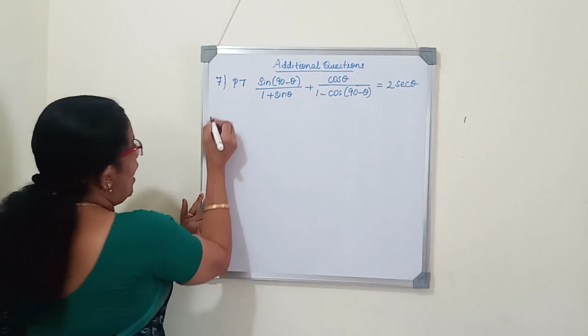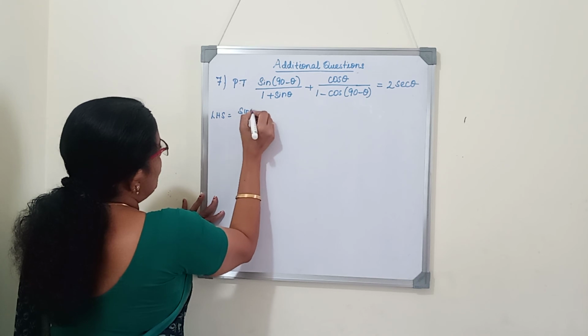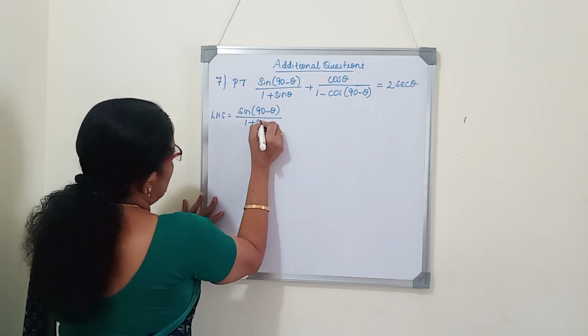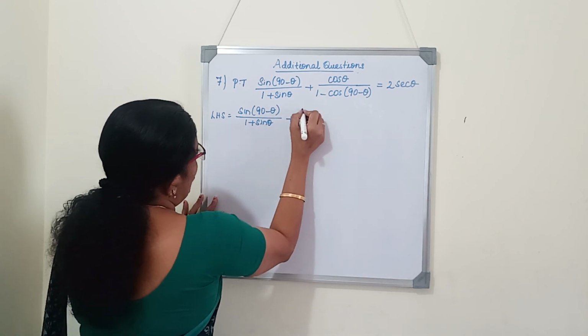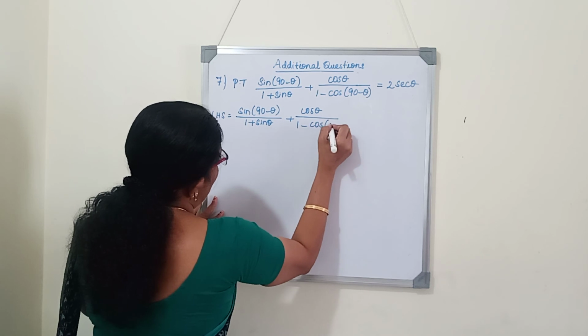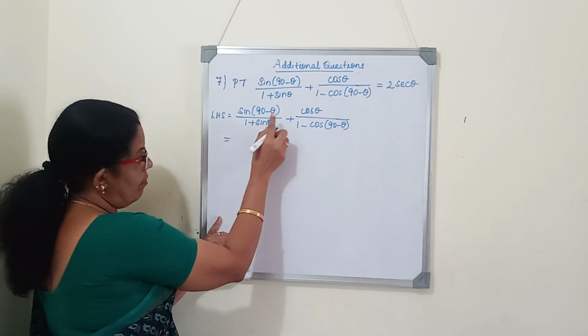So here LHS I'll write: sin 90 minus theta divided by 1 plus sin theta plus cos theta divided by 1 minus cos 90 minus theta. So here two complementary angles are there that we will change.